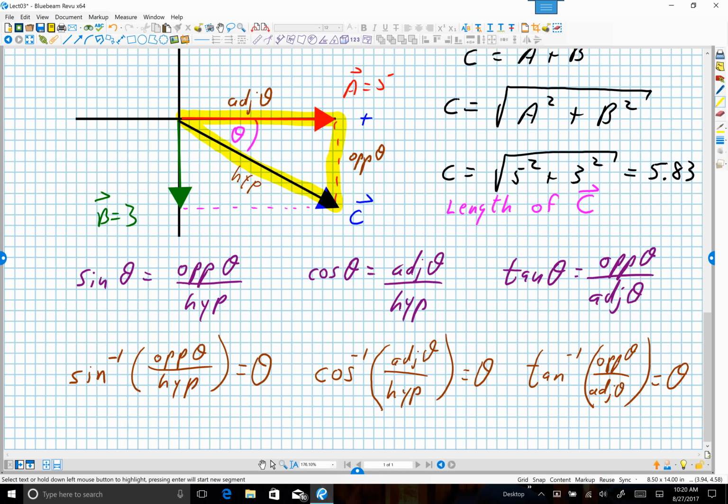So the idea here is we know all three. We know the adjacent is 5, we know the opposite is 3, and we know the hypotenuse is 5.83. But I'm going to avoid using the 5.83 because that's been rounded off.